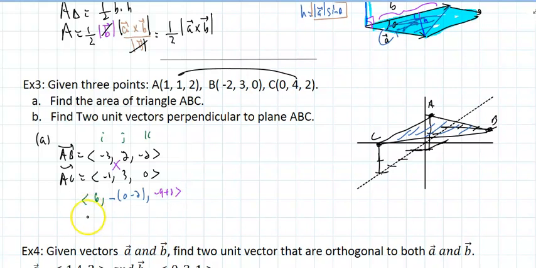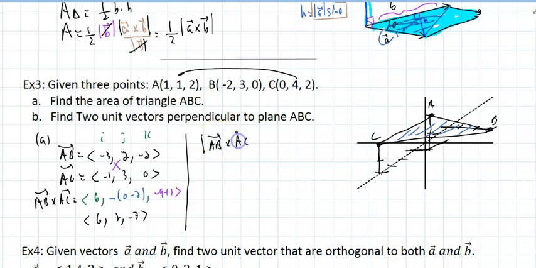If I didn't make a mistake, that would be the cross product. That's AB crossed with AC. That is 6, 2, -7. Hopefully I didn't make a mistake. Now, if I take the magnitude of AB crossed with AC, that is the square root of 36 plus 4 plus 49.